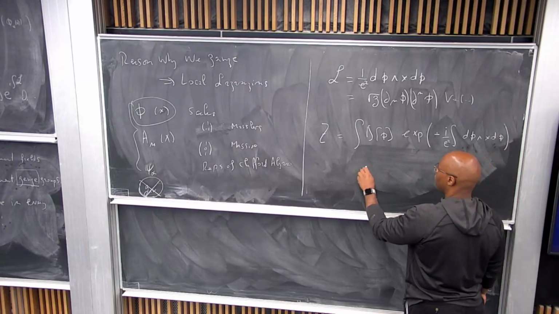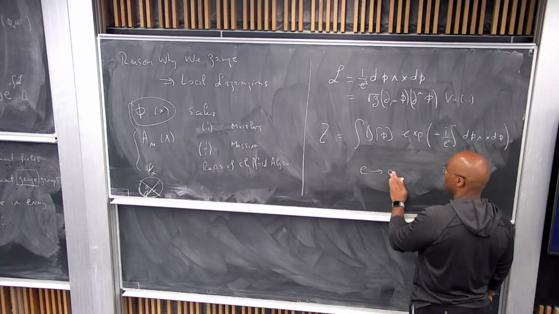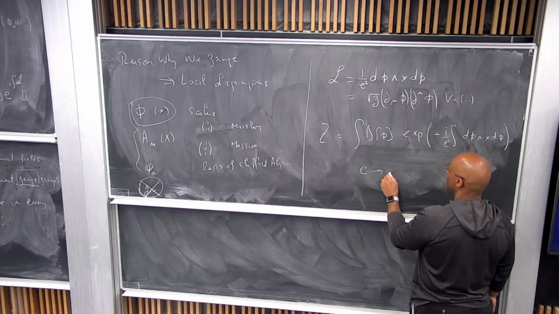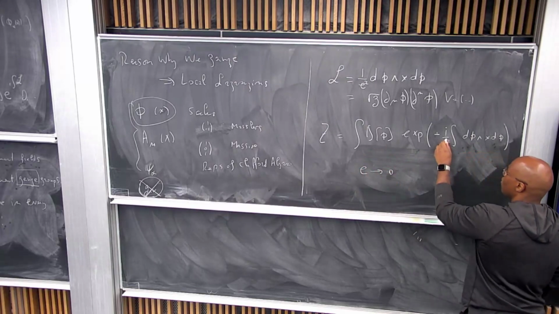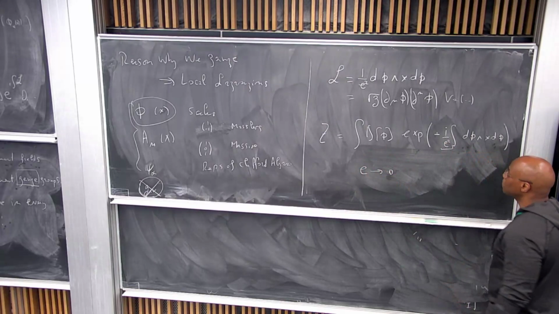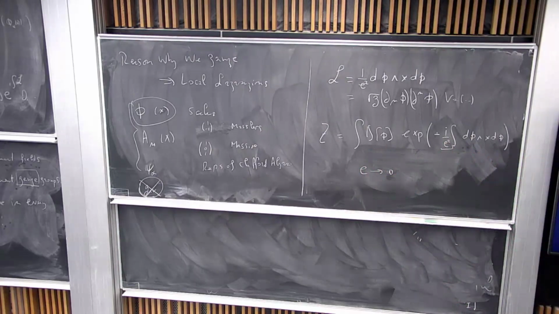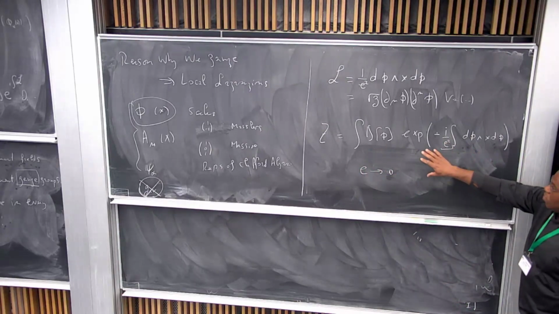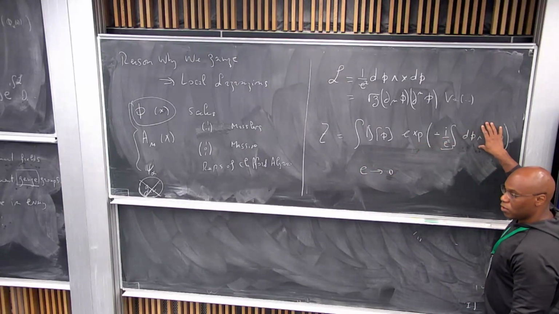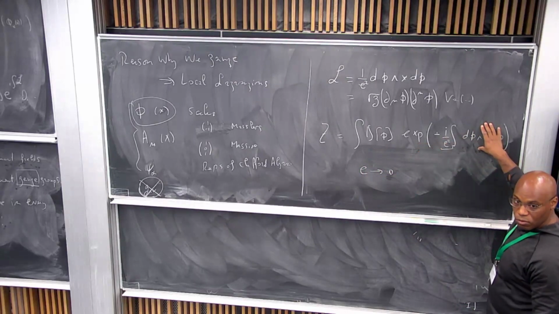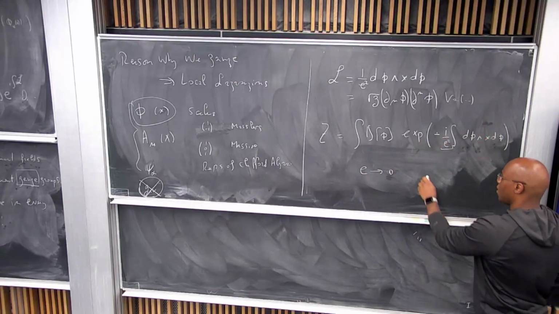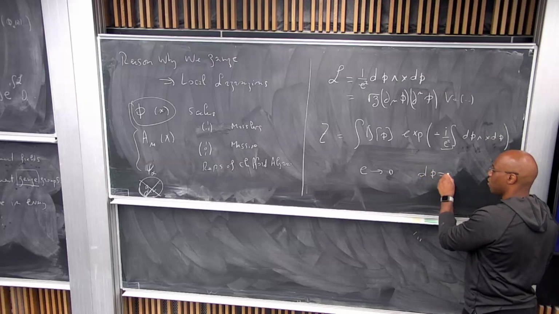In particular, you can think about this action and try to evaluate this path integral by taking e to 0. Then you have this coefficient, 1 over e squared, that's going to infinity. So the evaluation of this path integral localizes to a set of solutions where dφ is 0.